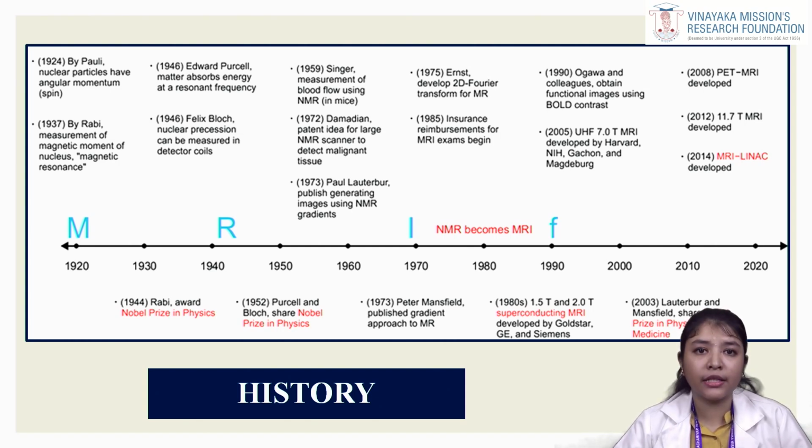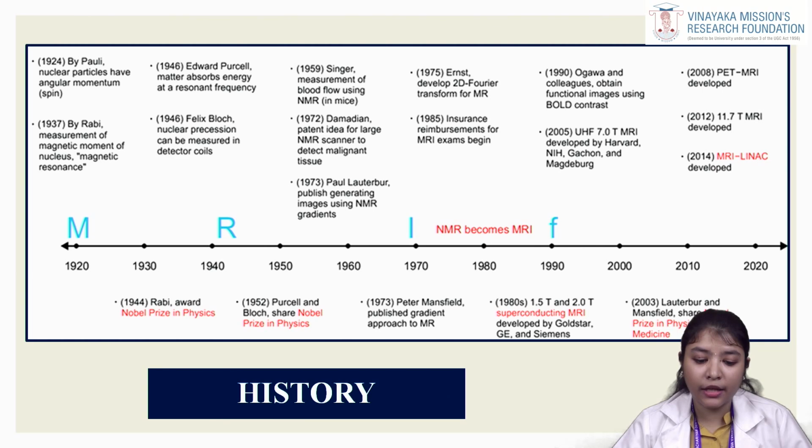Here only the magnetic evolution was taking place, and in 1944 Rabi got the Nobel Prize in Physics. In 1946 Purcell studied matter absorbing energy at a resonance frequency, and in 1946 Bloch studied nuclear precession, and so they both got the Nobel Prize in Physics in the year 1952.